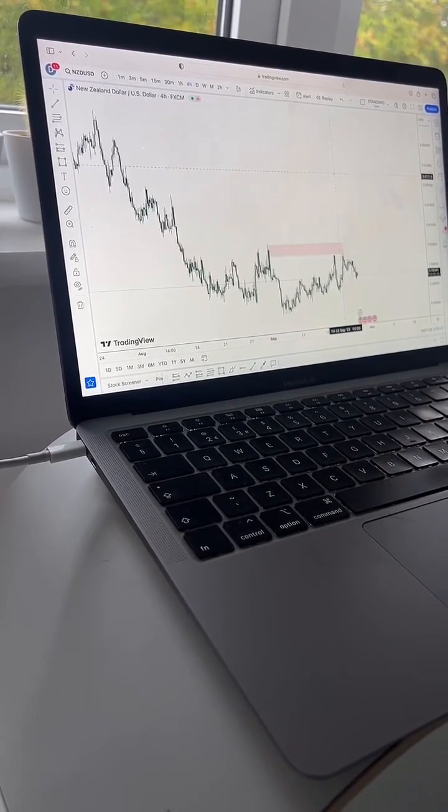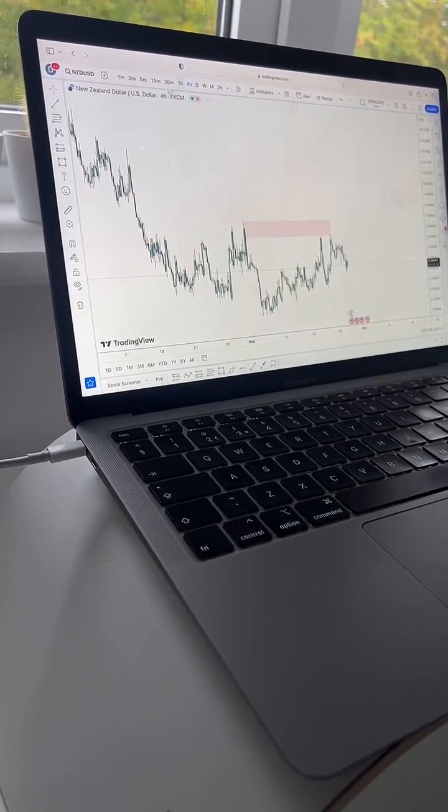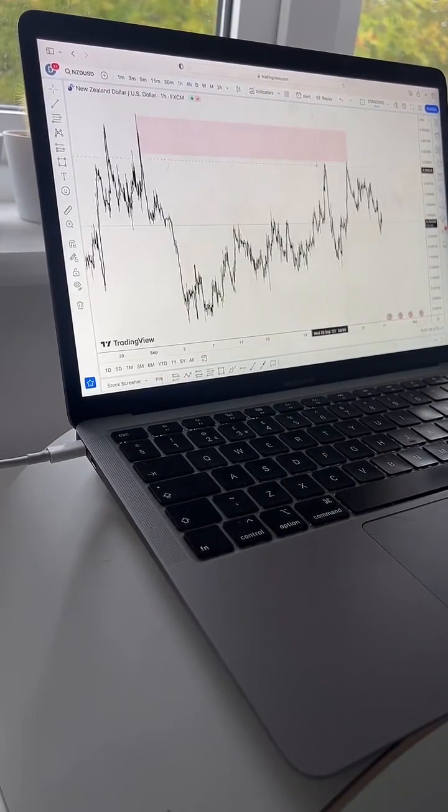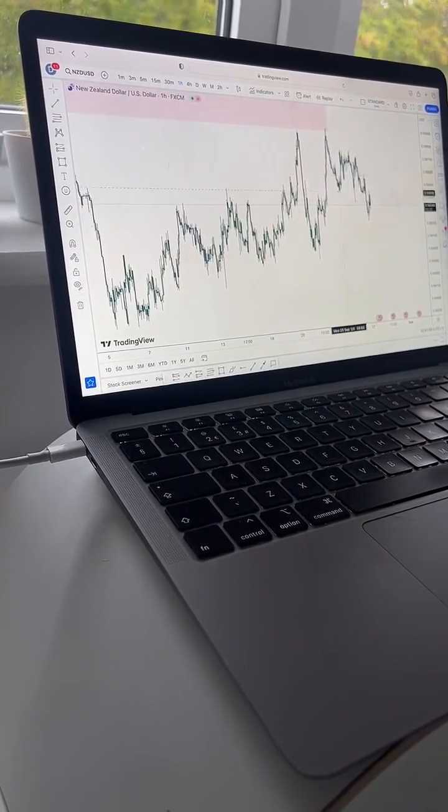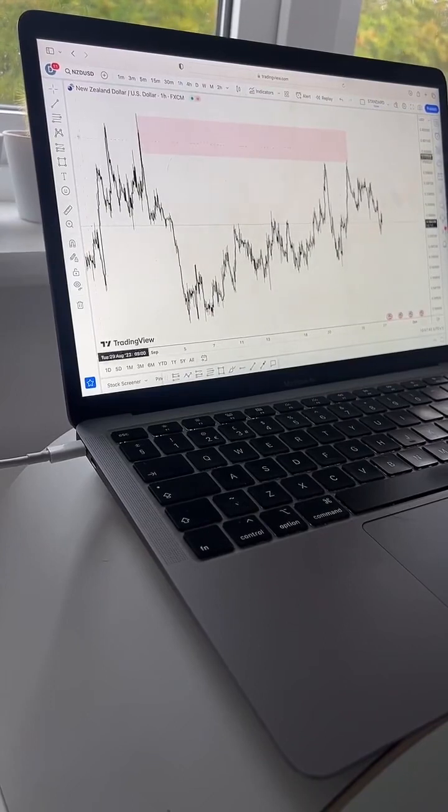New Zealand Dollar, US Dollar. So this was one of our entries here. Now I got out of that trade at about the 15-minute low. I don't swing trade, I just scalp in and out. But overall, this all has to be swept.